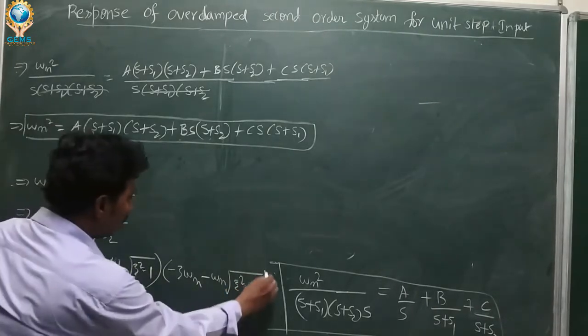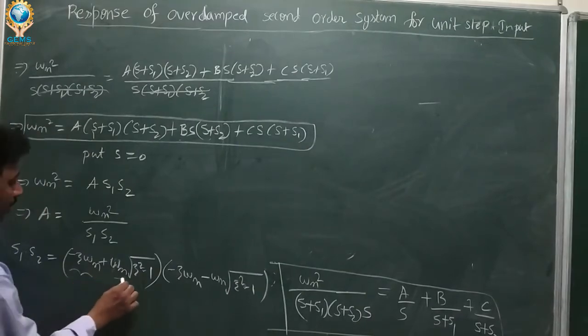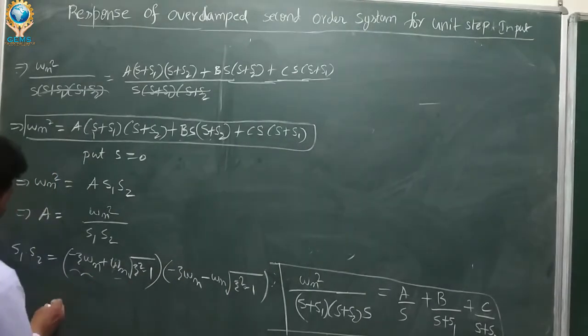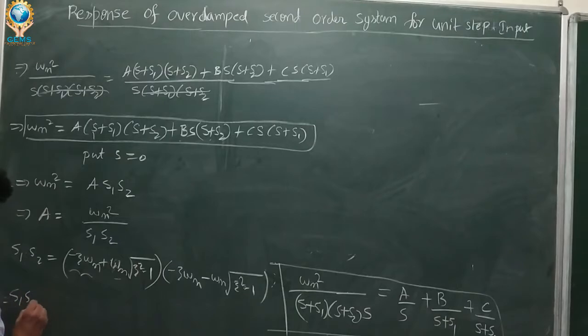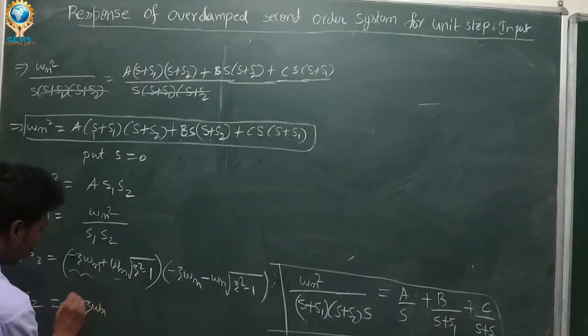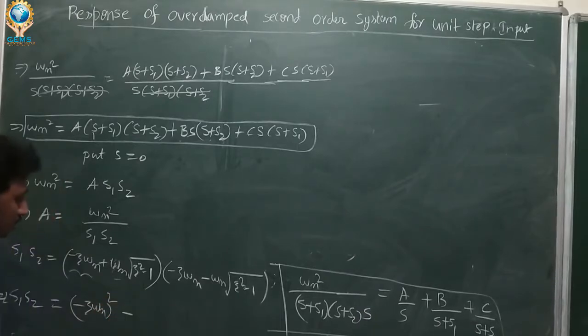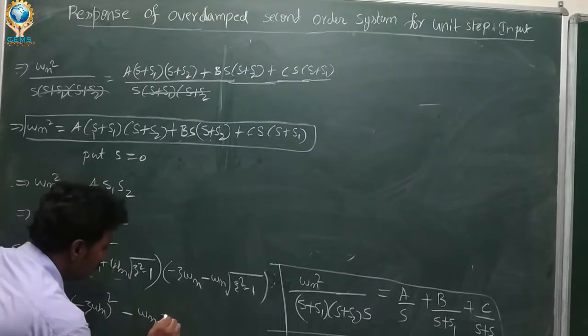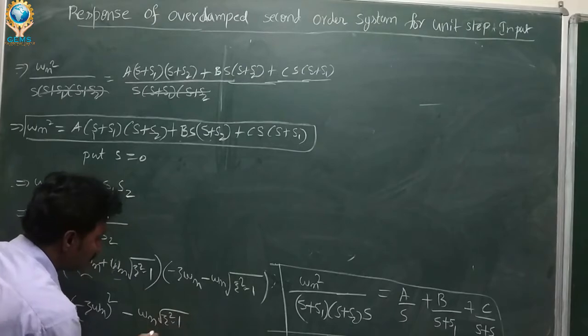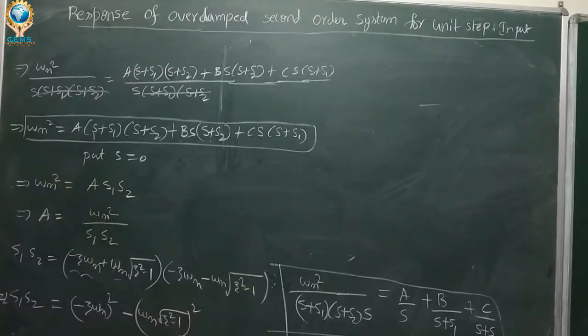So now this is (a plus b) into (a minus b). If you apply that formula, you get minus zeta omega n whole square minus omega n root zeta square minus 1 whole square, right.